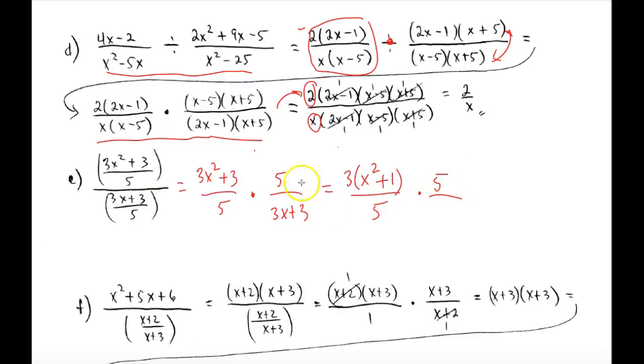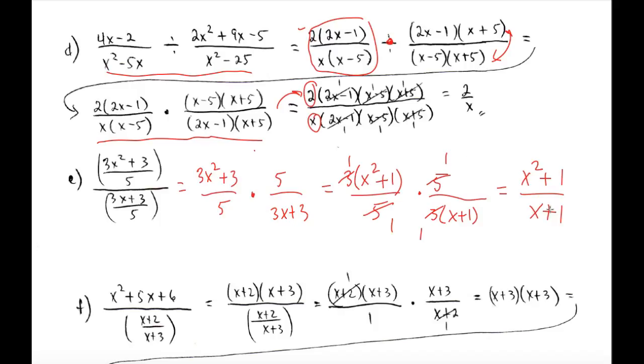And then do the same thing in the denominator of the second fraction. And so now we see that we have 5s that reduce to 1, 3s that reduce to 1, and all we have left is x squared plus 1 over x plus 1.